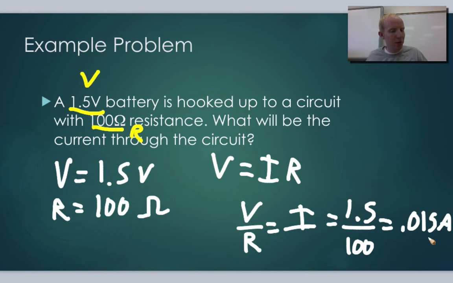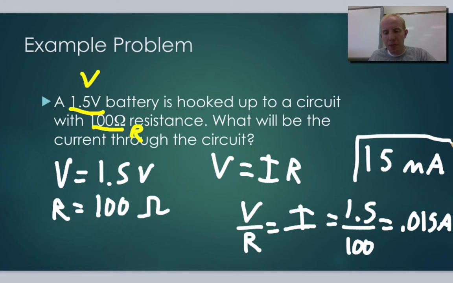Let me just double check that. Yep, so 0.015 amps. But again, we don't usually report our answers in amps because that's too high of a unit, so we would rewrite this as 15 milliamps. And there you go. So our current through this circuit is a 15 milliamp current.